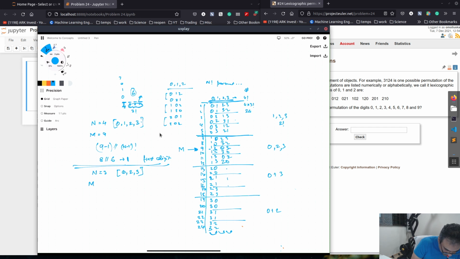m will be 9 minus 1 percentage n minus 1 factorial.